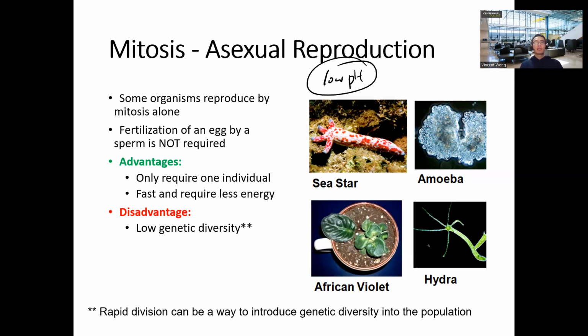You will have mutations, and if some of these mutations are advantageous for a particular environment, then it could lead to evolution of the population. So this disadvantage is sometimes, under the right conditions, also an advantage.